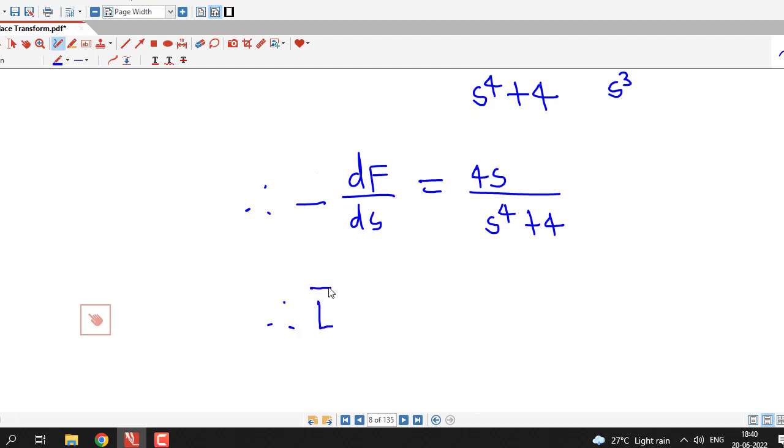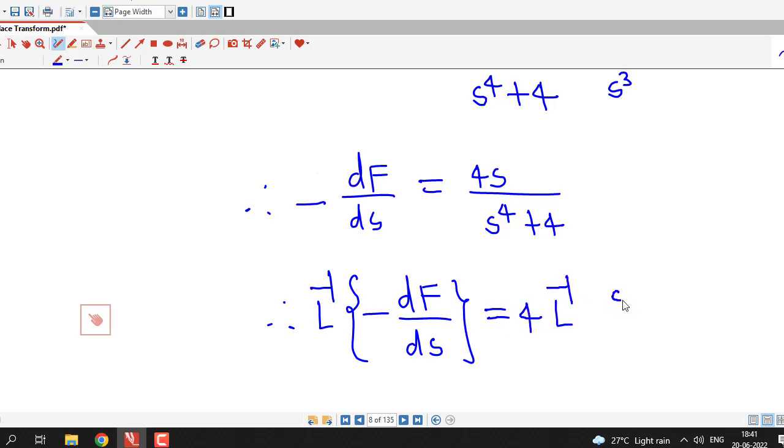Therefore L inverse of minus df by ds equals 4, which is constant, times L inverse of s divided by s raised to 4 plus 4.